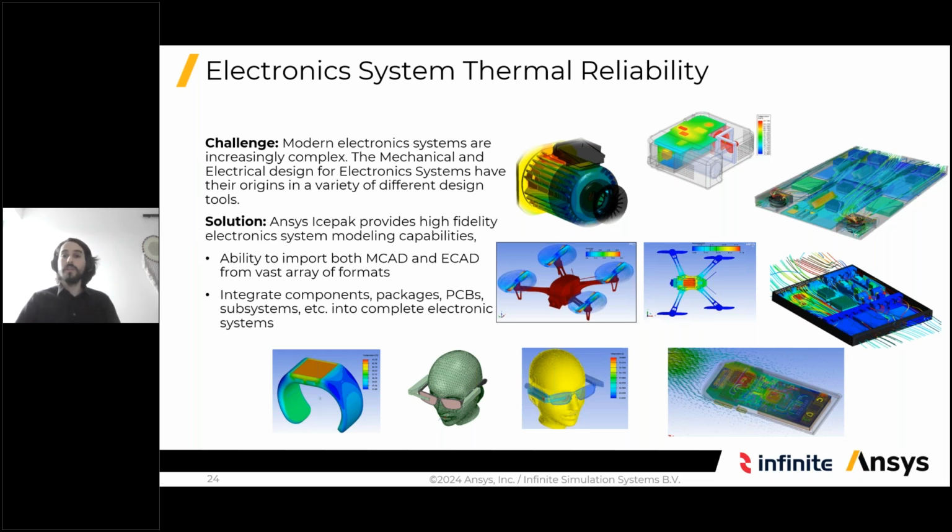So we can have a very detailed mechanical model and its electrical characteristics within IcePack to simulate. This way, we can easily study large and complex systems such as motors, projectors, drones, smartwatches, as you can see here in all of these pictures.